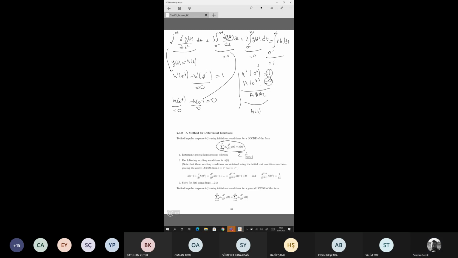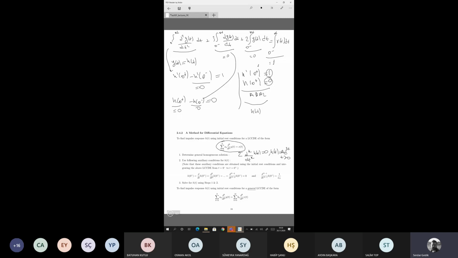The summation of the coefficients times d^k by dt^k of h(t) is equal to 0, and h(t) has the form a times e to the power st for t larger than 0. So this is the first step: equate the right-hand side to 0, put h of t equals a times e to the power st, solve the characteristic equation, find the roots, and find the general form for h of t.